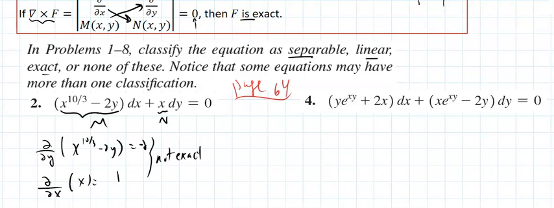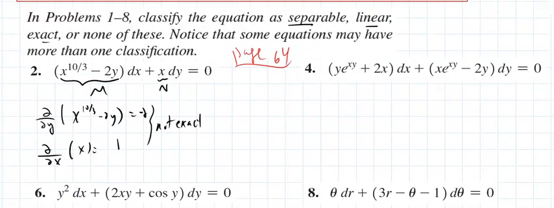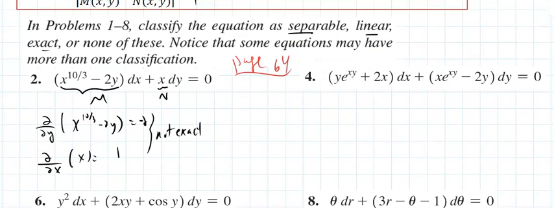And linear, could that be linear? dy/dx plus, if I divide by x, that's allowed, that's y over x.